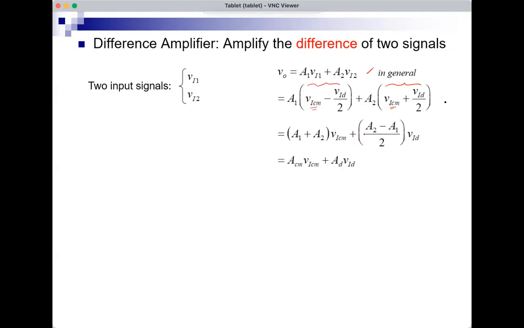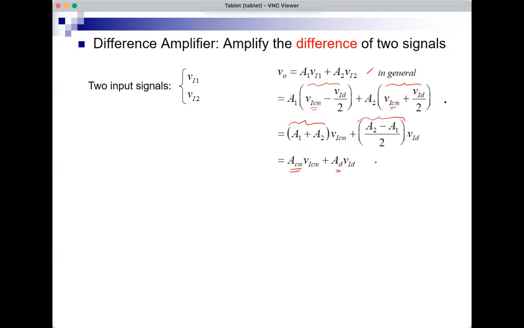I get A1 plus A2 times VICM plus A2 minus A1 times VID. So I'll call this quantity A1 plus A2, I'll call it ACM, and I'll call this quantity A2 minus A1 over 2 that multiplies VID, I'll call it AD.